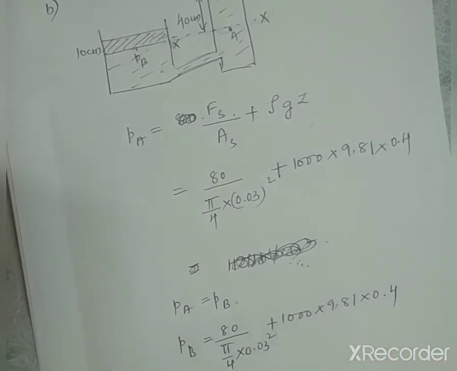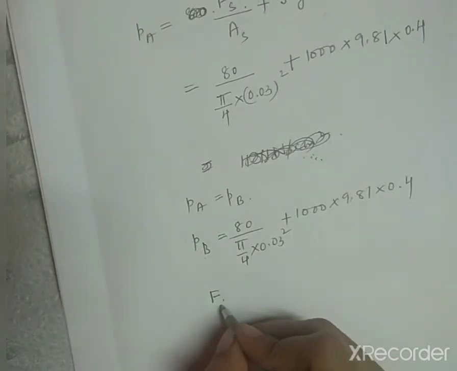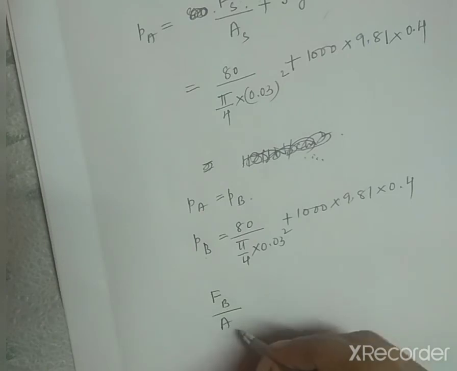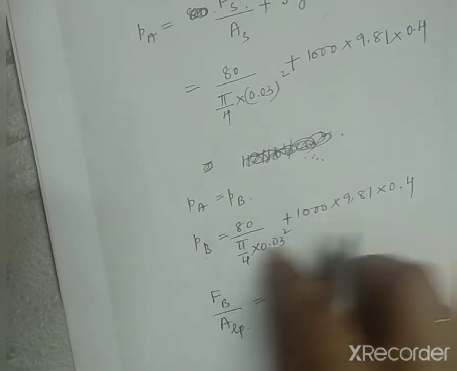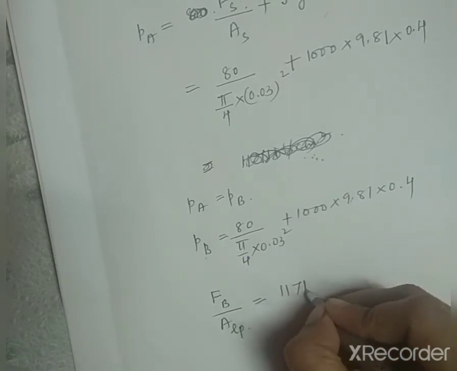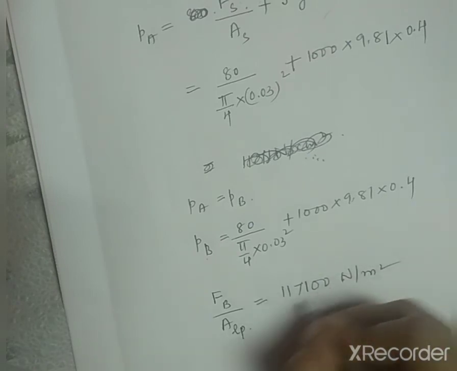So this is PB, and PB can again be rewritten as force at point B divided by area of the larger piston. This will be somewhat around 117100 Newton per meter square.